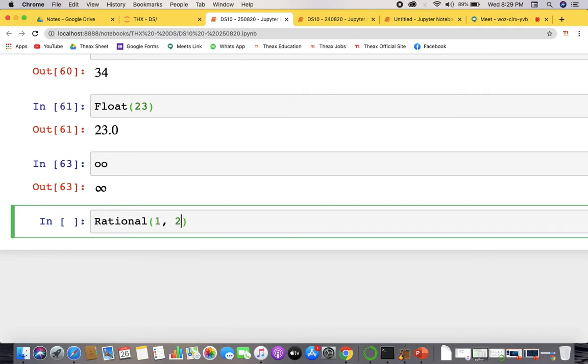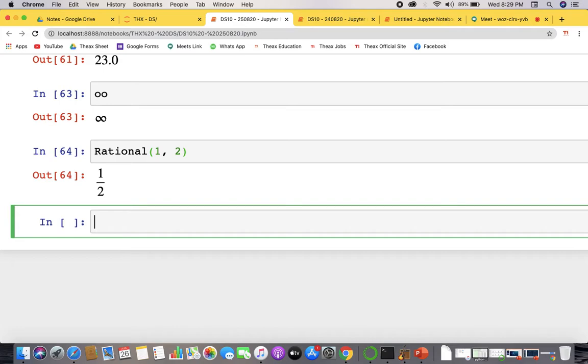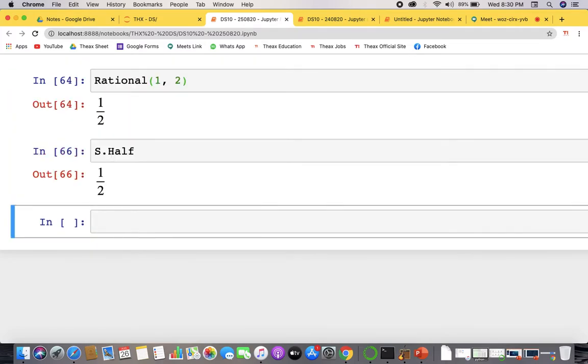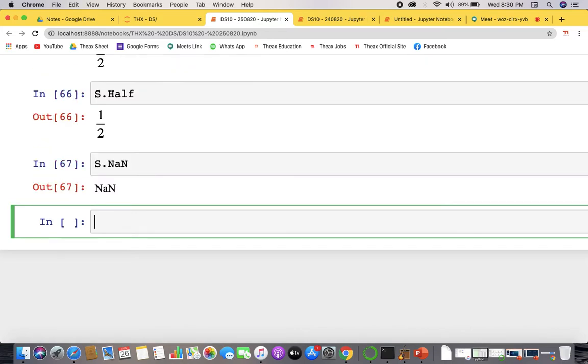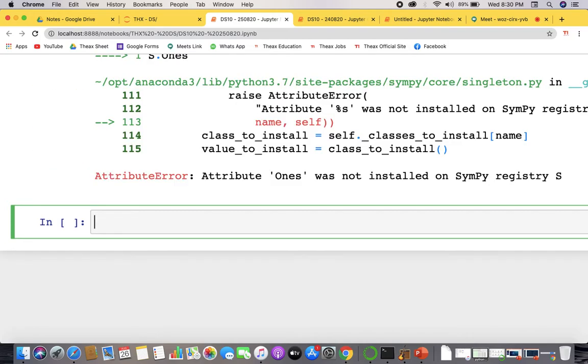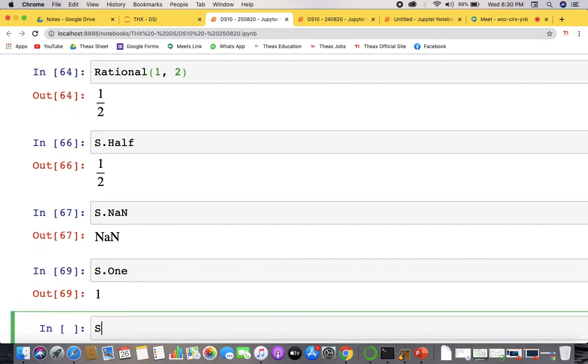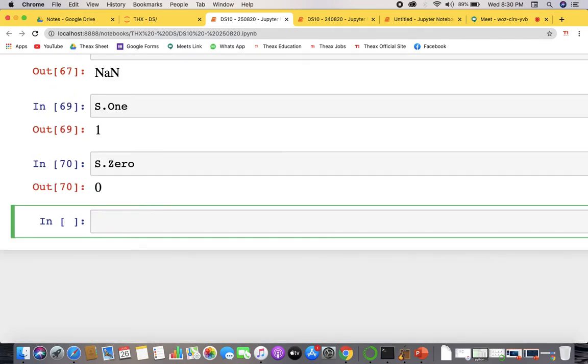Rational of 1 by 2 would give a rational number, written as half. So it is exactly half. Or if you want any infinity or any NaN, it would be nan. Or any ones or zeros. These are the basic ones which are needed for doing calculations.